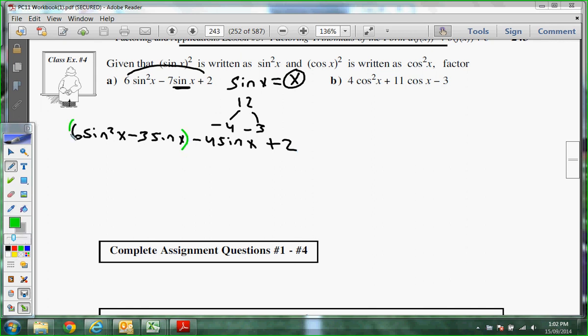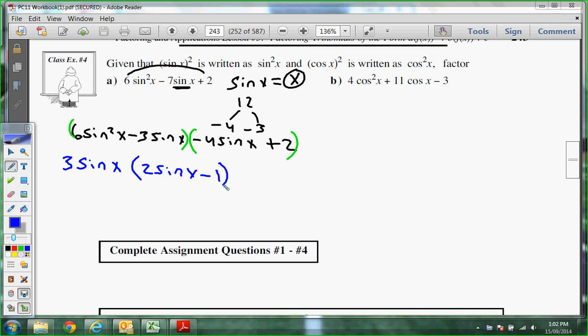So group. What do these have in common? A 3 sine x. That makes 2, since 6 divided by 3 is 2. I took one of the sine x's off the 2 of them, so it's still a sine x in there. If you took that whole thing out, what's left? Just a 1.